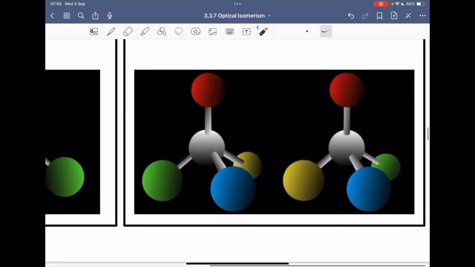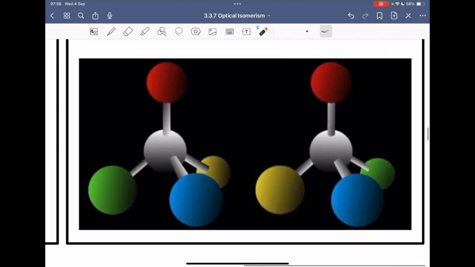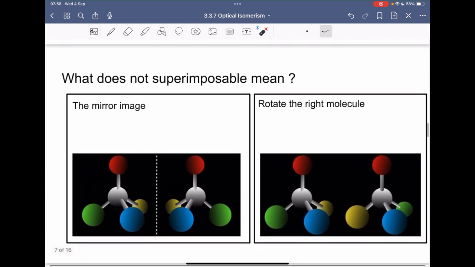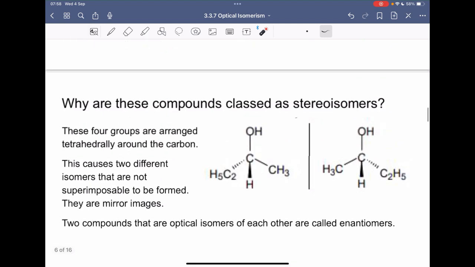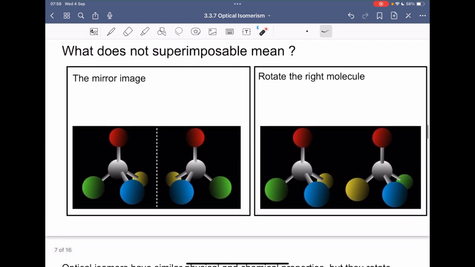So now we've rotated it to the right, okay? And notice the blues match up and the reds match up, but the yellow does not match up to the same spot, and the green doesn't match up to the same spot, okay? Therefore, they do not have the same orientation, and that's what non-superimposable means. You can't rotate one to make it look like the other one, okay?